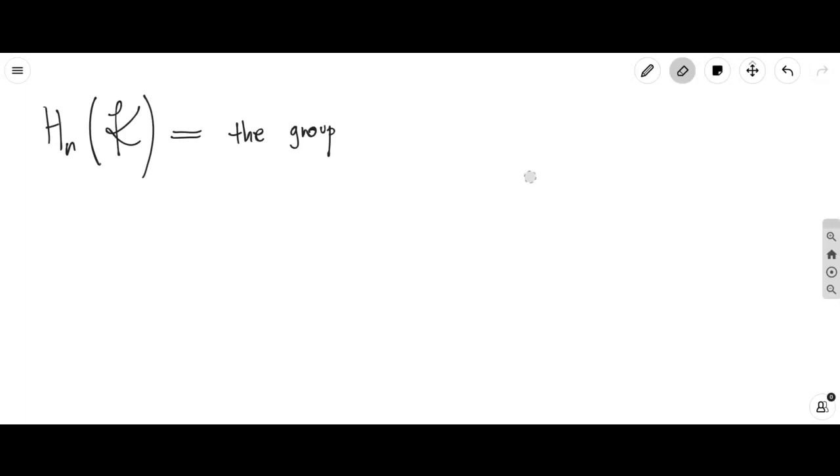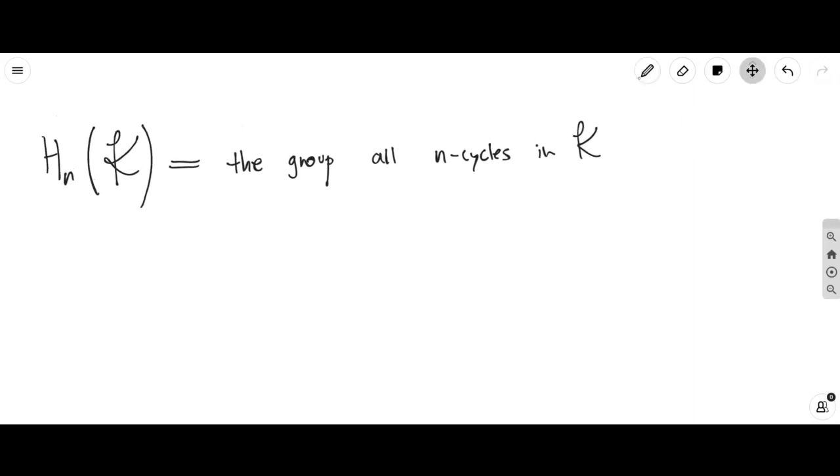So this is going to be the group of all n cycles in K. What do we mean by an n cycle? Just to make sure we understand this, these are going to be oriented n chains with no boundary.